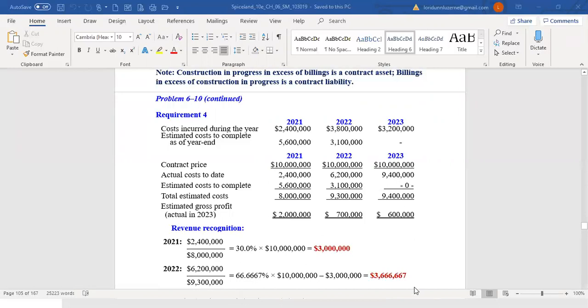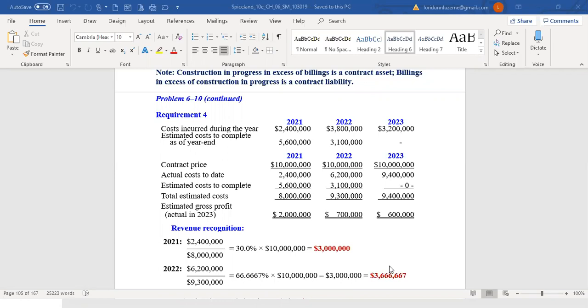In year two, now our total costs at the end of year two will be 6.2, and now we've revised our total expected costs to be 9.3. So we'll use these new revised numbers. Our percent of completion right now is calculated to be 66.667%.